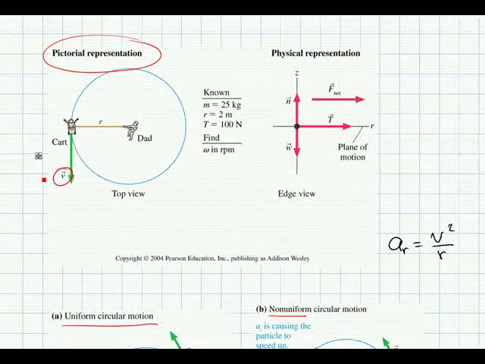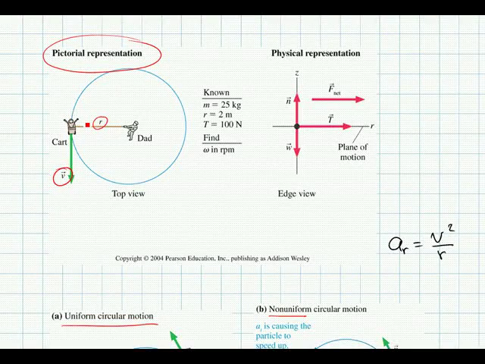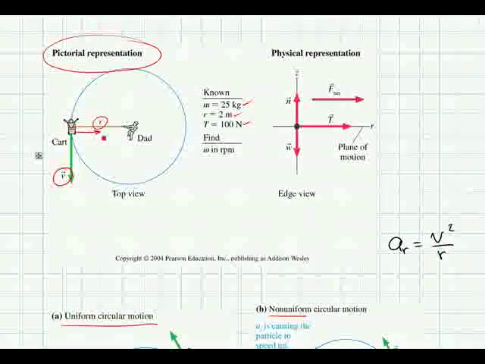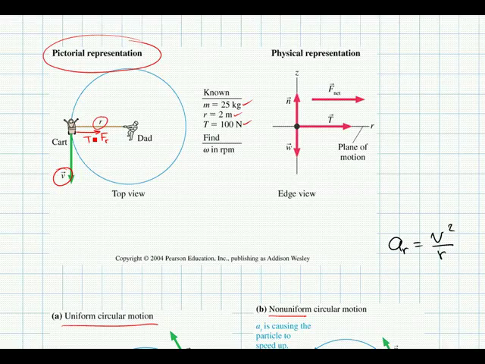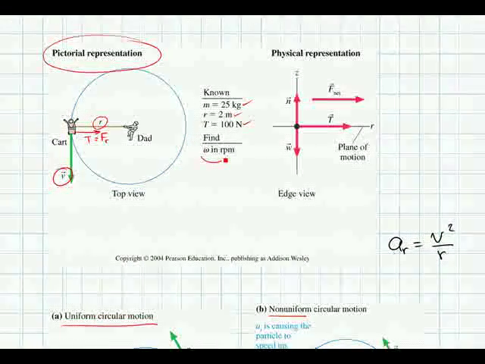The kid's speed is v, and the radius of the circular path is R. We know that the mass of the kid on the cart is 25 kilograms. Radius is 2 meters. The tension in the rope is 100 newtons. Tension, of course, is the force in the radial direction, so that's F_r. Find omega in RPM.